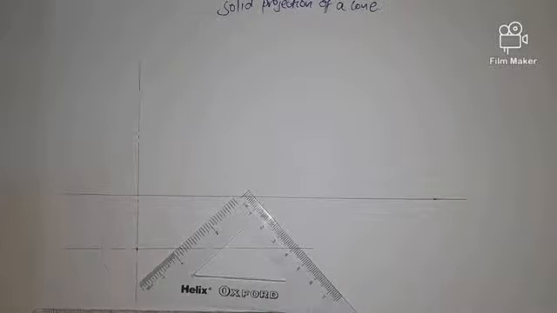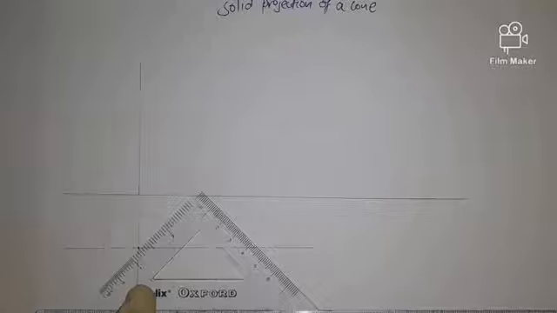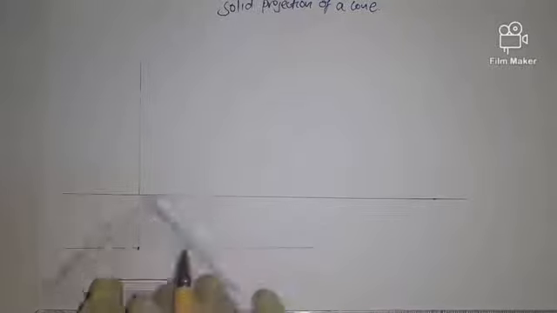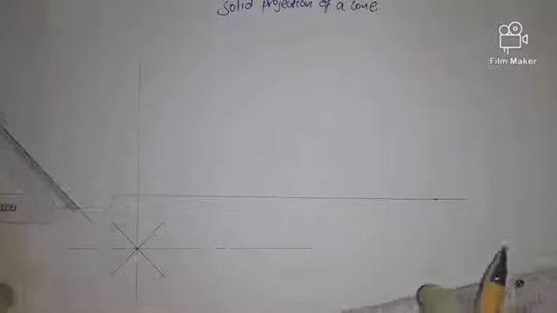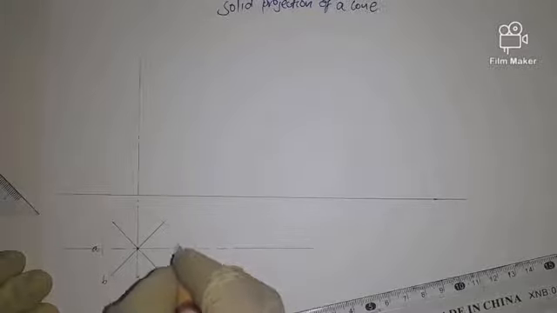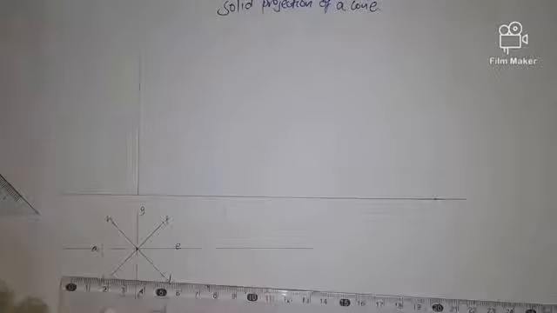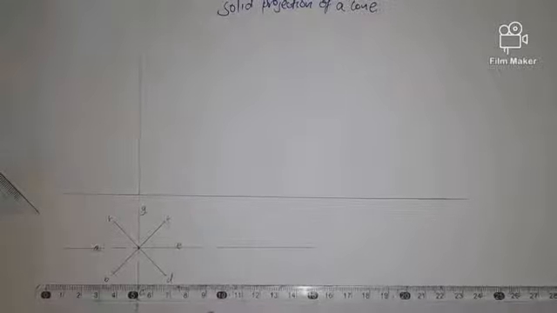So we can have your 45 set square, put it here. You draw this, come here and draw this. We can name so that this is A, B, C, D, E, F, G, H. Then we are going to project lines vertically upwards to meet our XY plane.